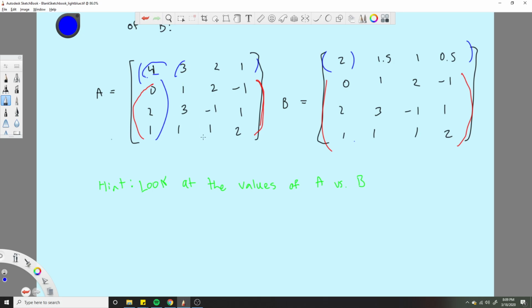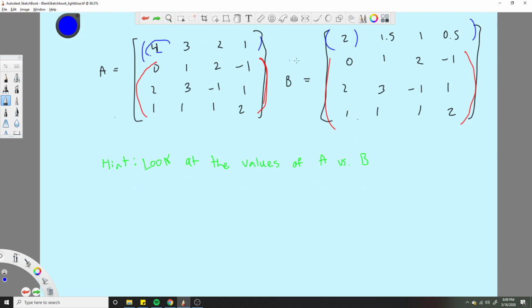3 will be multiplied by this section and this section. And 2 will be multiplied by this section and this section. And what you'll eventually start to see is that since this is half of all these elements, and you're multiplying the same values under here, the determinant of B will just be half.